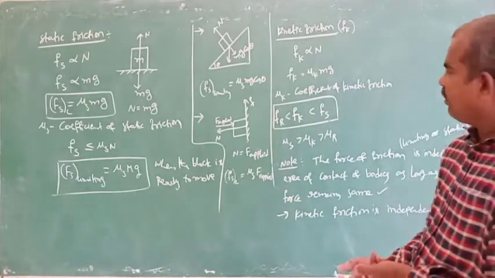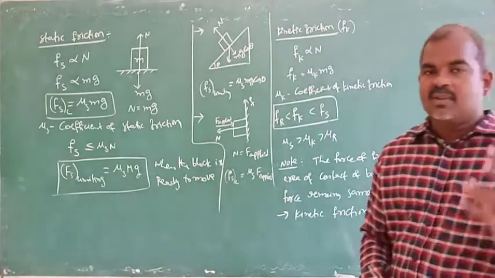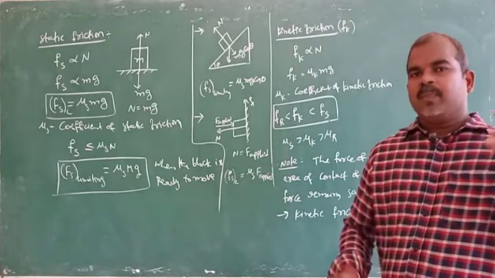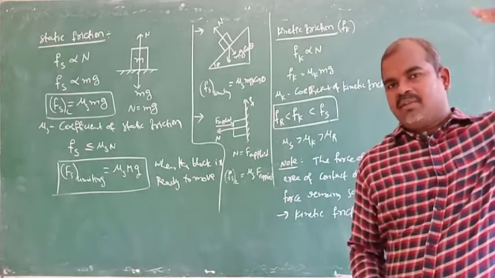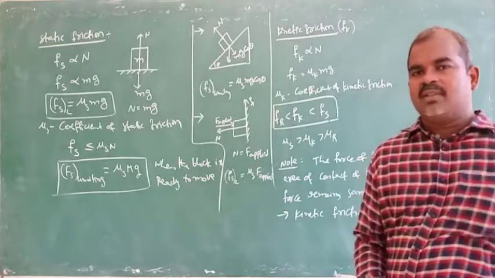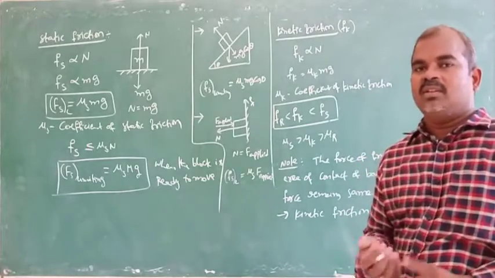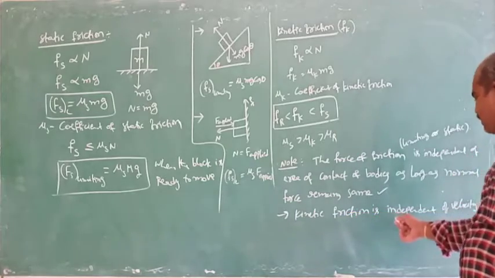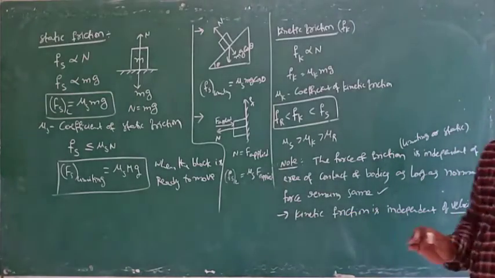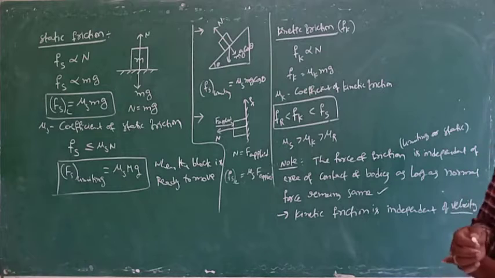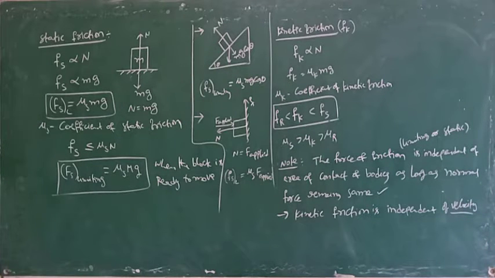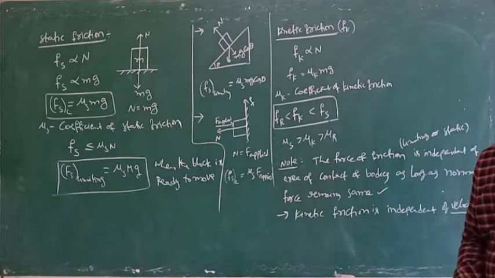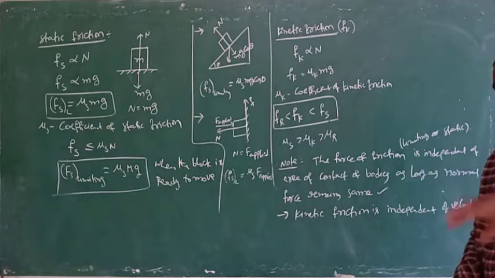Means when an object is in motion, whether the velocity of the object increases or decreases, there is no change in kinetic frictional force. The kinetic friction is independent of the velocity of the body, provided the velocity is neither too large nor too small.